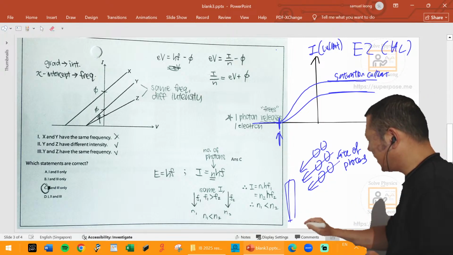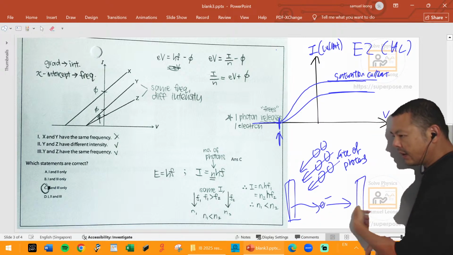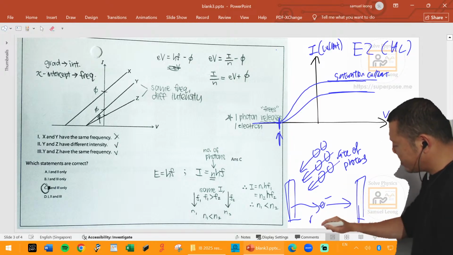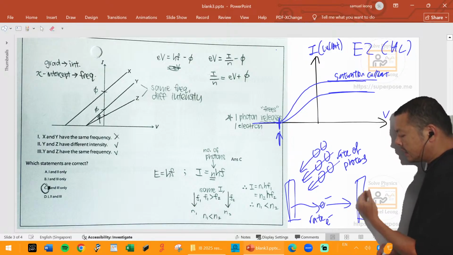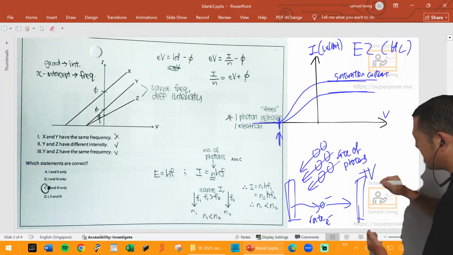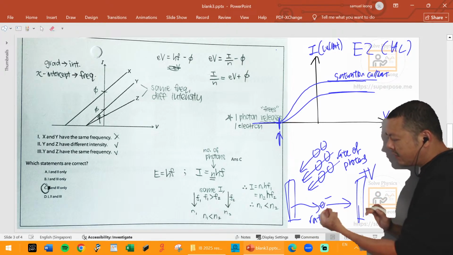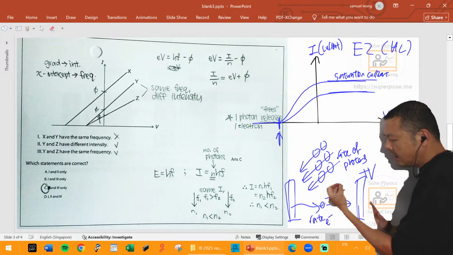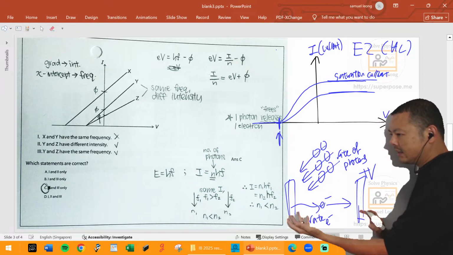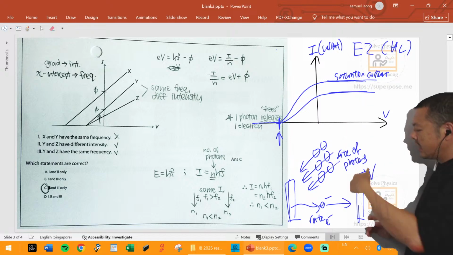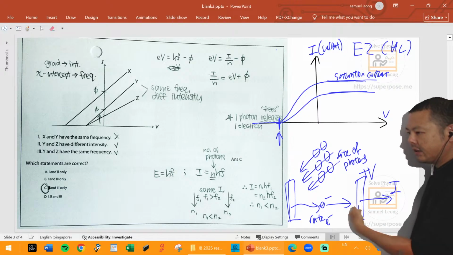When it hits the metal plate, the electrons jump out and start flying over to the collector plate. At some point, the rate of electrons is also maxed out, especially if this plate is made positive. Say it's a positive volts plate, you are attracting the electrons, it's flying over, it hits the plate. But the limiting factor is the rate of photons hitting the emitter plate. This is why there's the idea of saturation current, because the current is in the wire behind this plate, registered by the galvanometer.